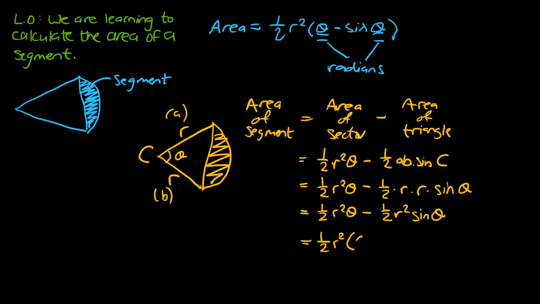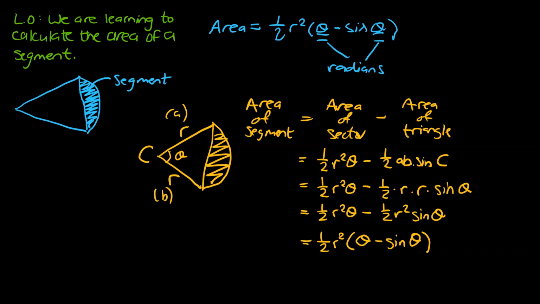And the first half, the area of the sector, just has a delta left over, and the second half has a minus sine delta left. And that there is how we got our formula. So if you go up to the formula up top, you'll see that they match perfectly, and we're all happy with that. So if you haven't got that down, guys, please do.